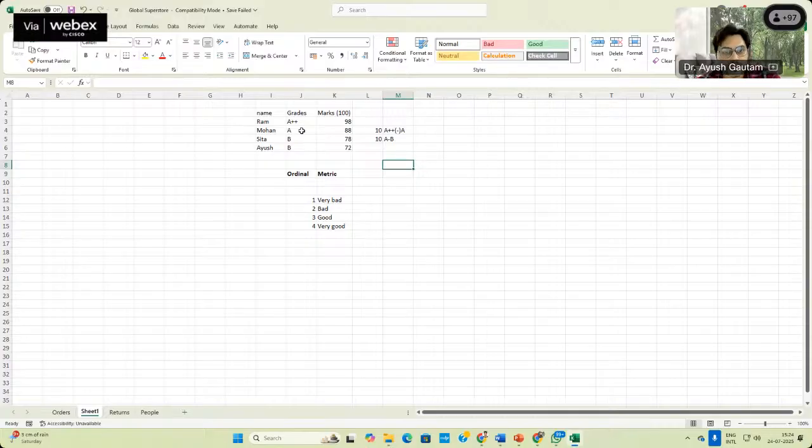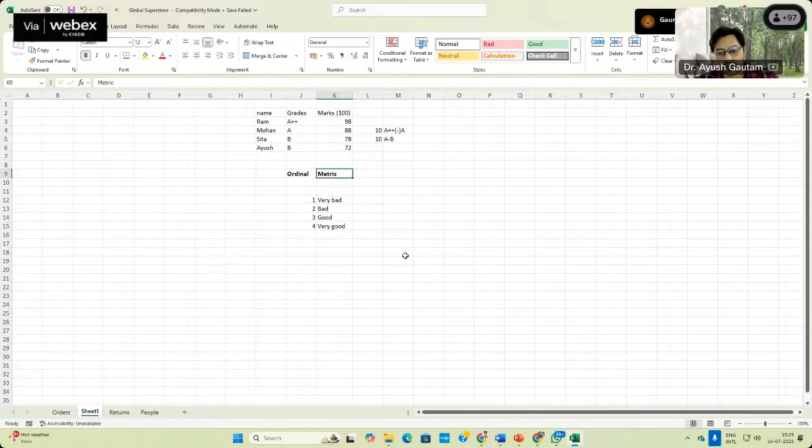So at those places, based on their grades, we can note that this student is very good and this student is not that good. But based on the marks, we can always say that. That's why this kind of data is called metric data and this data is called ordinal data. Now metric data के अंदर there are two kinds of data, interval data and ratio data.